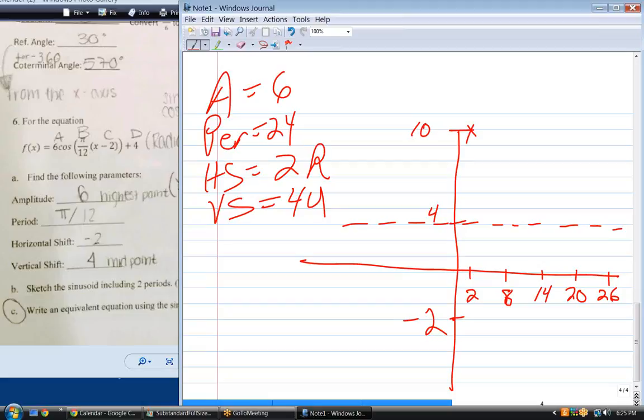because I know cosine starts at the high point. Okay. Cosine then goes down through the horizontal line of symmetry at the first quarter point. So I got to go down through that point. It goes down and hits its lowest point, -2, at the second quarter point.